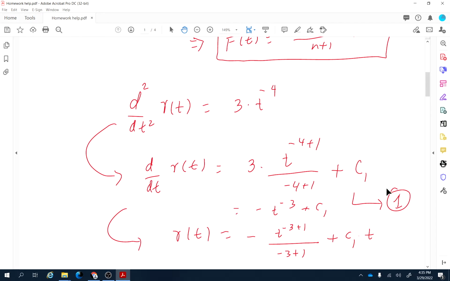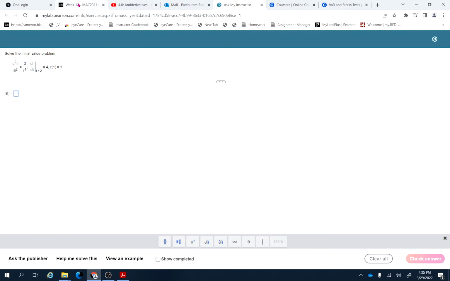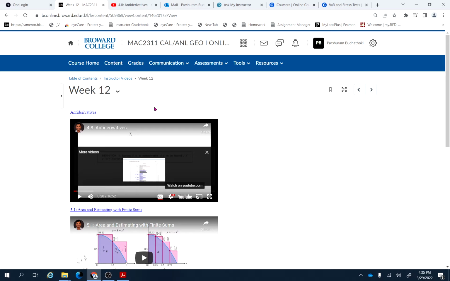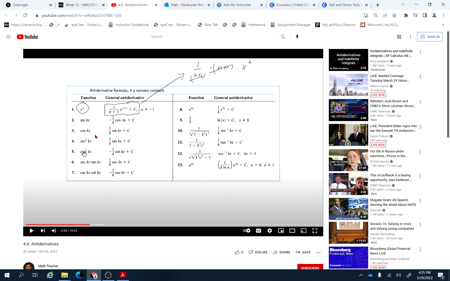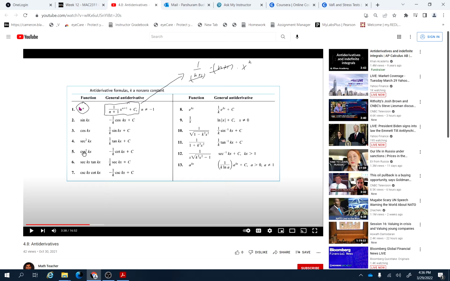If you don't remember this formula, you can check your notes, or go back to the week 12 video, section 4.8. If you click that video, you'll be able to see this relation for the antiderivative. So by using that, we can find this second equation, plus a second constant. If you check this formula here, you can see that the antiderivative of x to the power n is this one plus a constant.